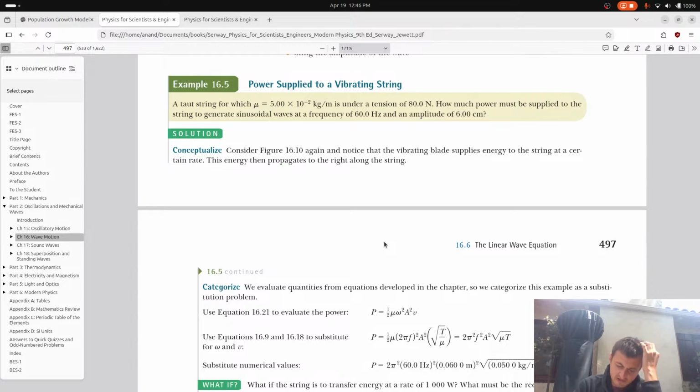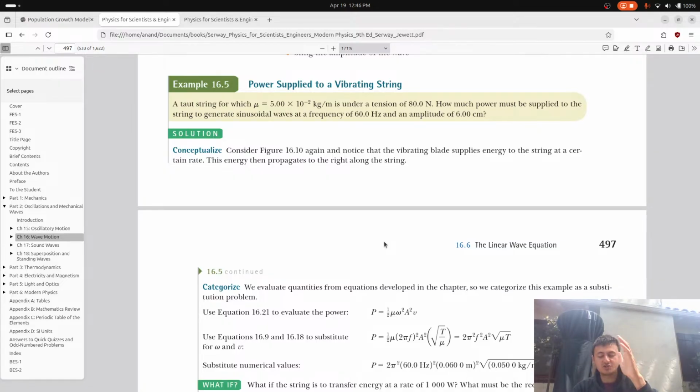Okay, so the derivation ultimately relied on dm over dx is equal to mu, and K is equal to 1/2 mv squared. So dK is equal to 1/2 dm vy squared.